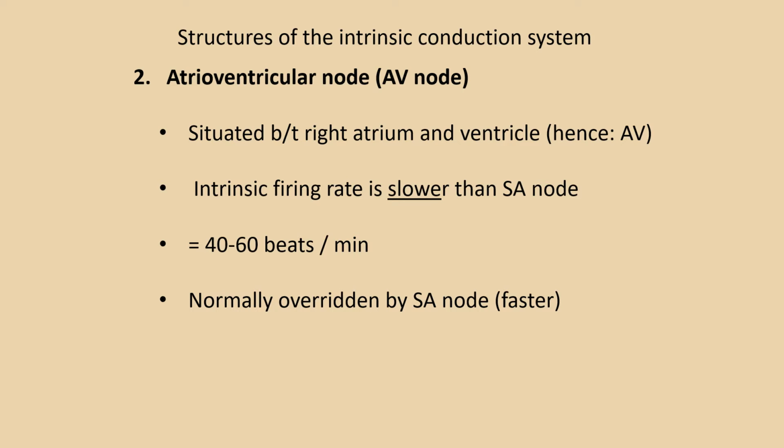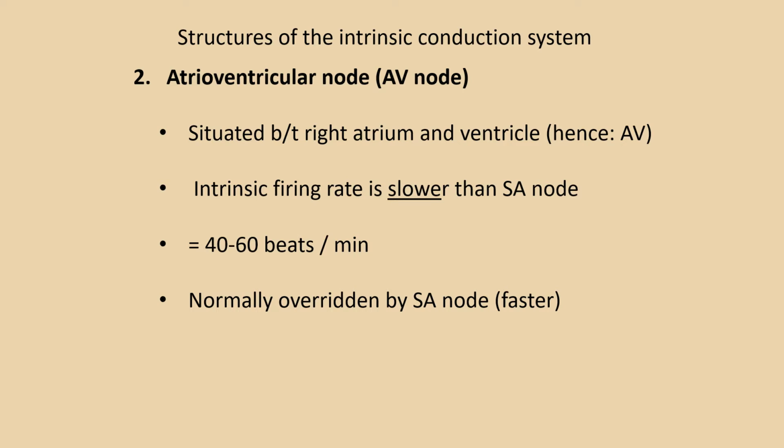Going back to the conduction system, at the AV node, our second component of the intrinsic conduction system, the action potential that was initiated by the SA node is transmitted from the atrium to the ventricle via the AV node. The AV node is also made of autorhythmic fibers, and if we took those cells and cultured them in a petri dish, we'd observe that they have a slower intrinsic firing rate.